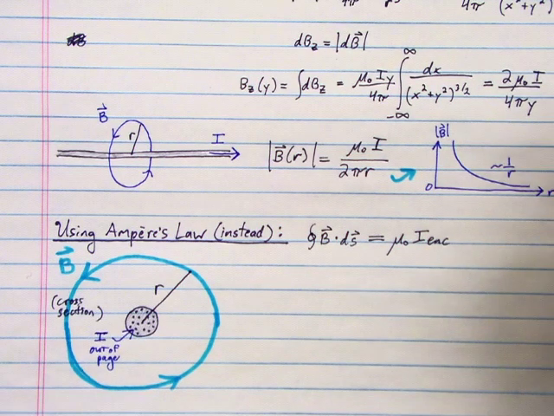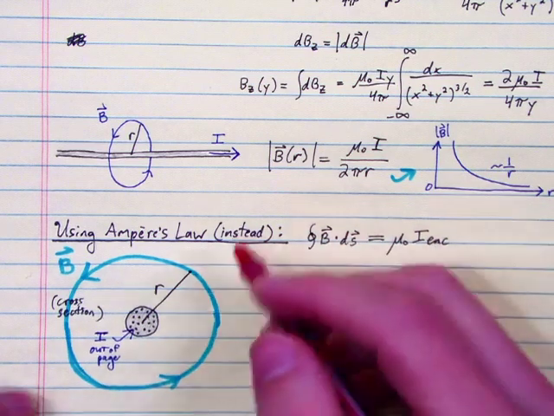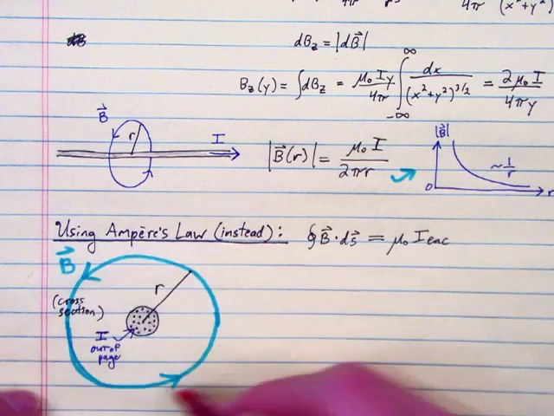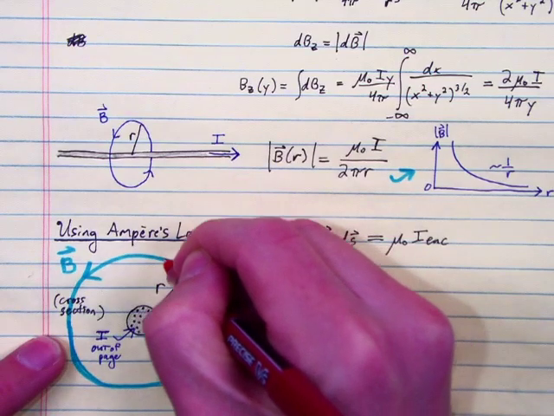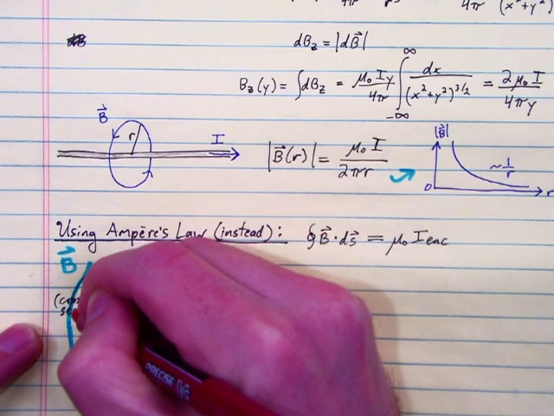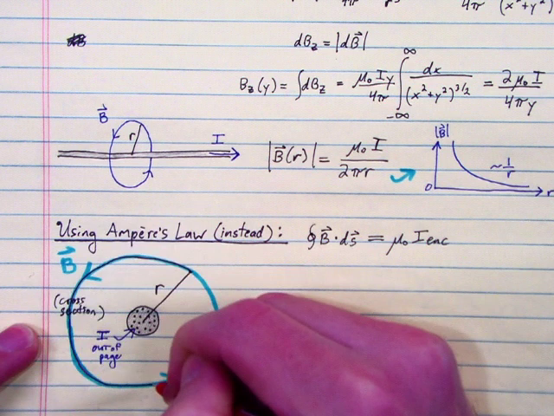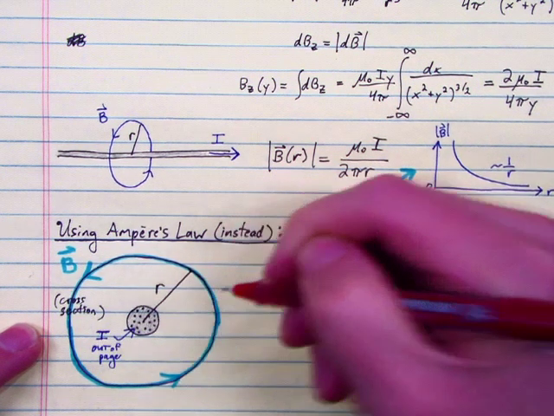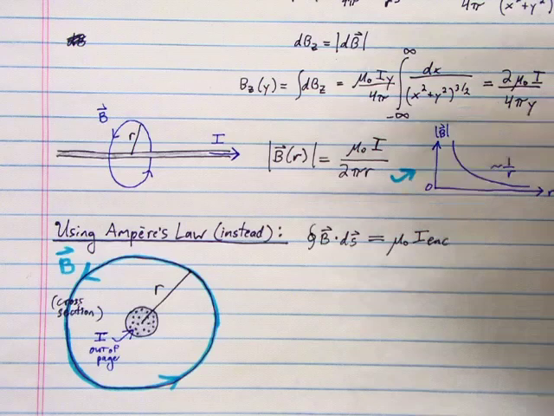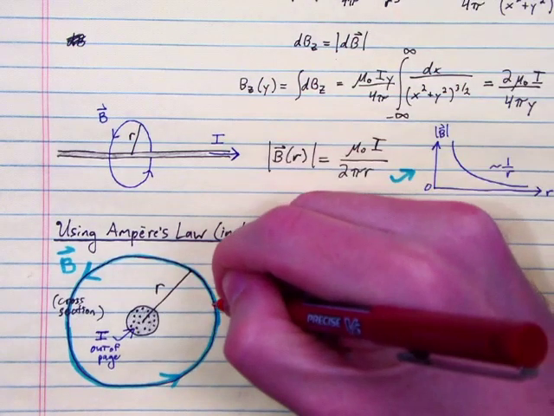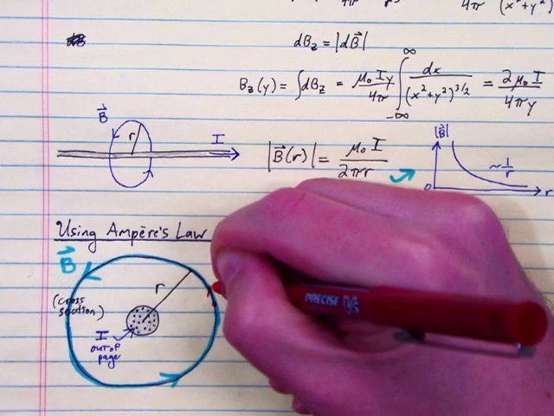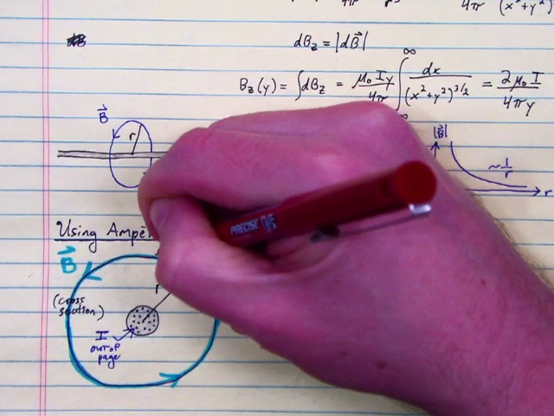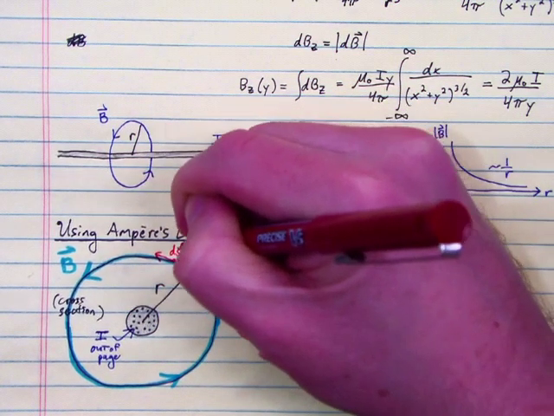What we'll choose is a circular path of radius little r that lies right on top of one of these magnetic field lines. So that will be our path right there. And we imagine little steps along that path, little ds's. We're going to choose to integrate in the counterclockwise direction around that path.